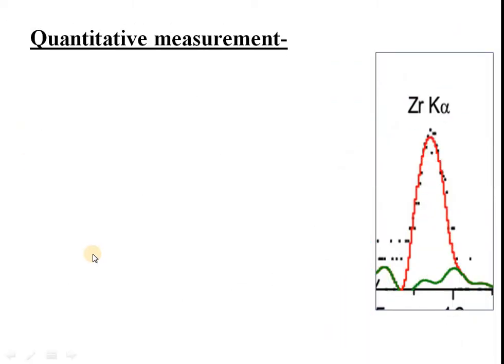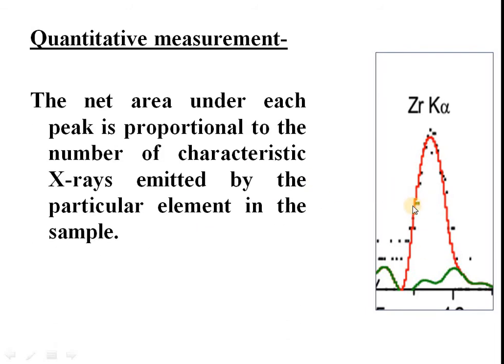Now we have seen the qualitative part, and the quantitative part is like this. You can take any peak, any unique spike, by subtracting the Bremsstrahlung noise. You subtract the Bremsstrahlung noise, and the remaining part is the unique characteristic. So what is the information you can draw from this peak? You can estimate the area of this peak.